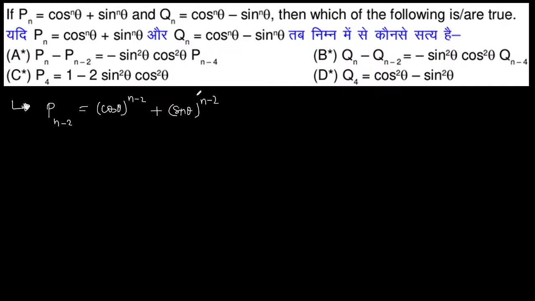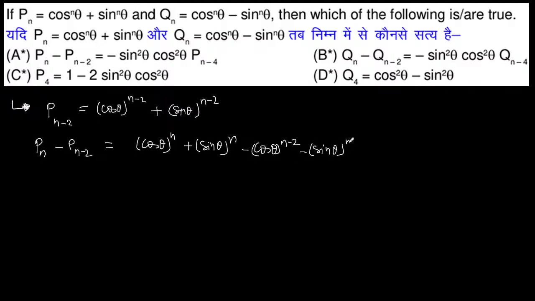We are given Pn. Can we say Pn minus 2 is nothing but cos theta to the power n plus sin theta to the power n minus cos theta to the power n minus 2 minus sin theta to the power n minus 2.